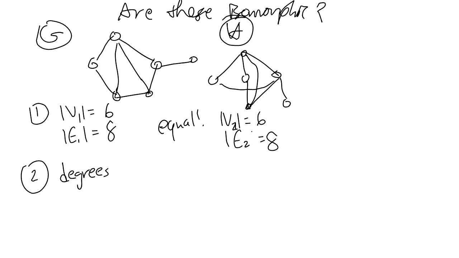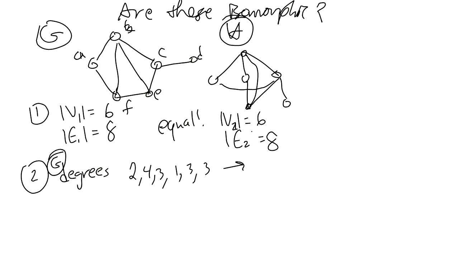So on the left one, I'll start here. So it would be 2, 4, 3, 1, 3, 3. And then you sort them from smallest to largest.